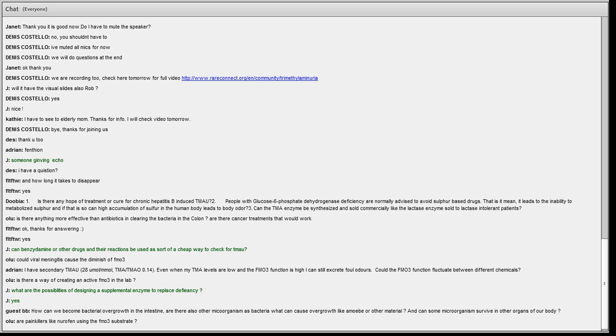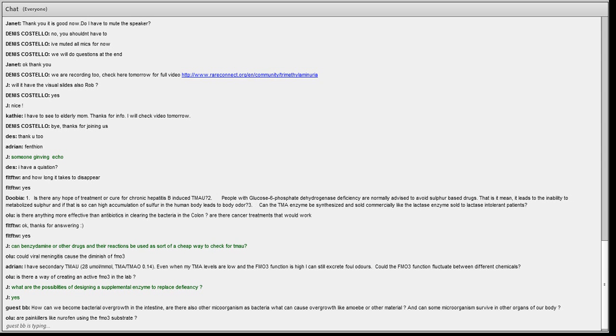Okay, and the last question from Dubia was, can the TMA enzyme be synthesized and sold commercially like the lactase enzyme sold to lactose intolerant patients? Well, yes, we can synthesize the protein in the laboratory, but it's the delivery that's the problem.